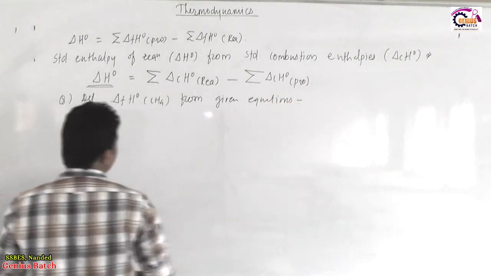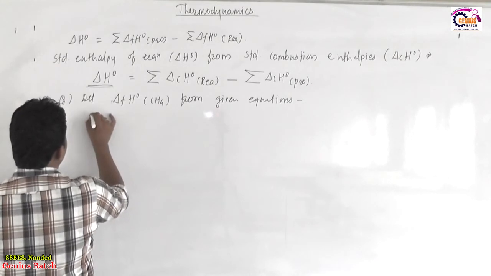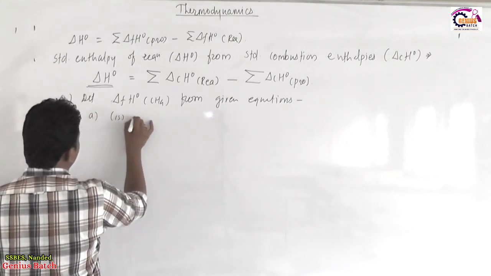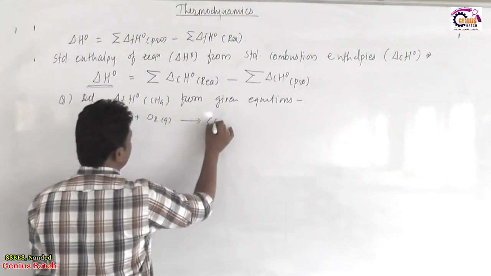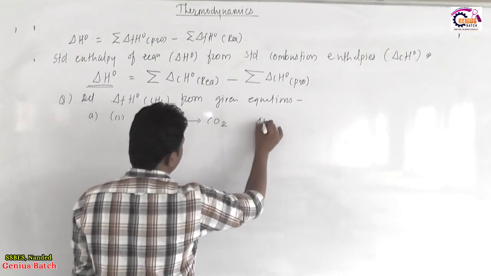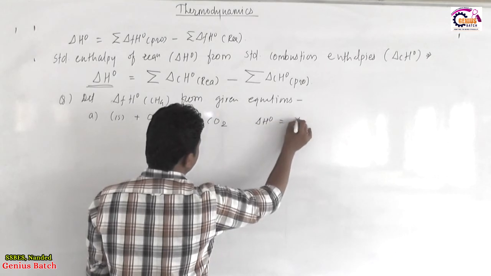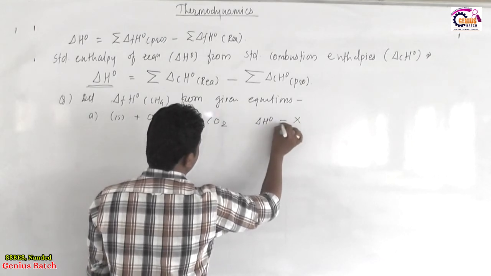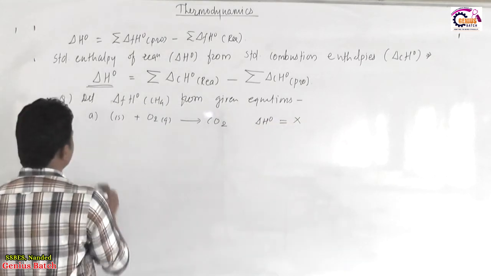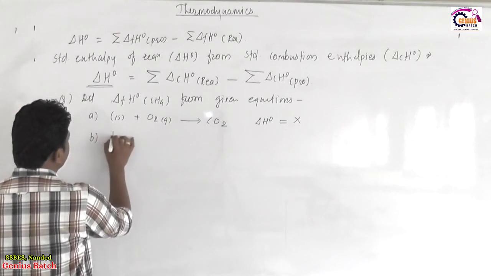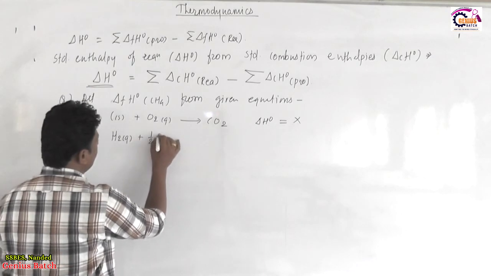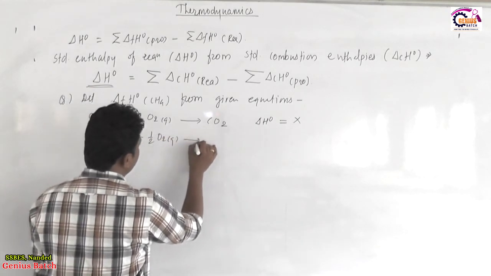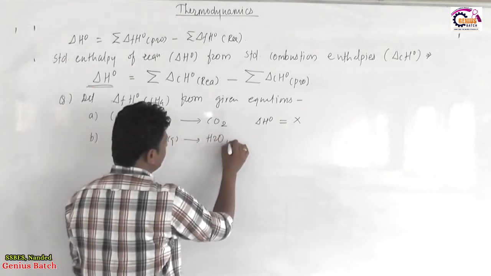Now what those given equations are? First, carbon solid plus O2 gas converted to CO2 gas. Standard enthalpy change is X. Equation second is H2 gas plus half O2 gas converted to H2O liquid.